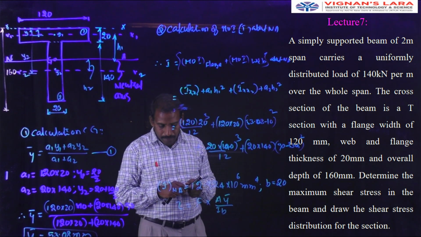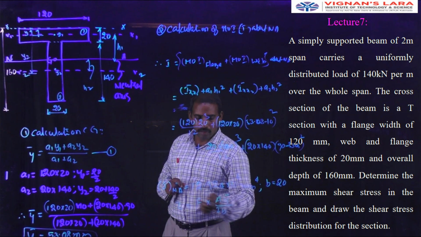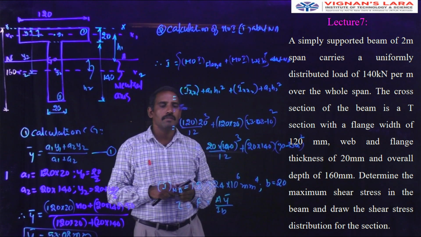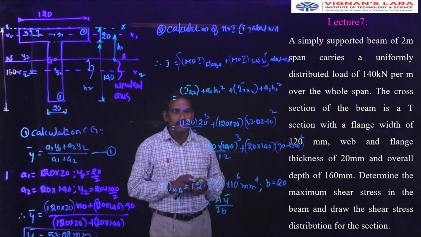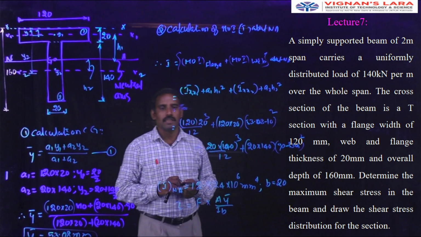We know the F value, we know the A y bar value and I B value. So by substituting all these values, you can find out the shear stress at the respective positions.